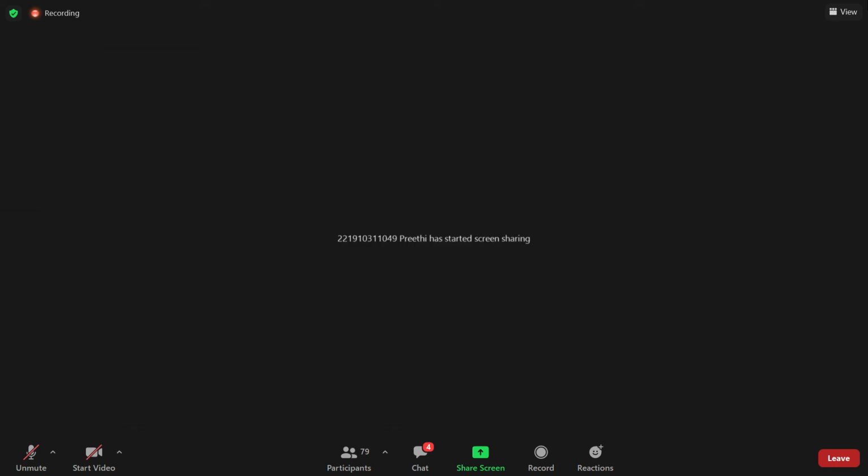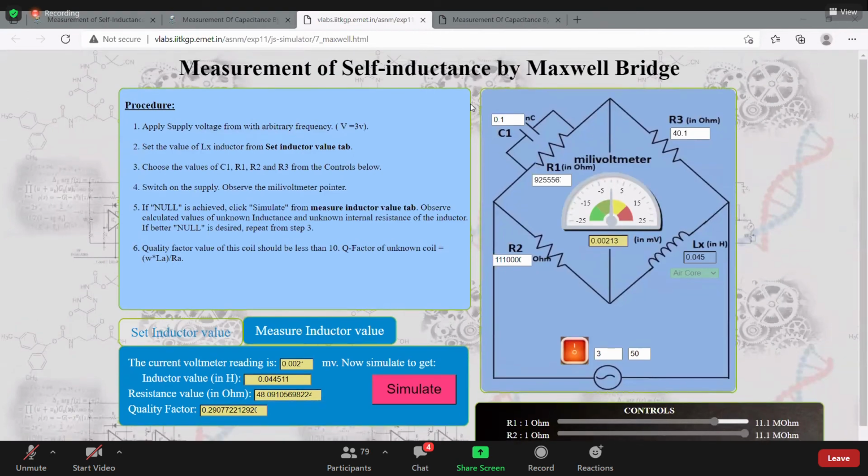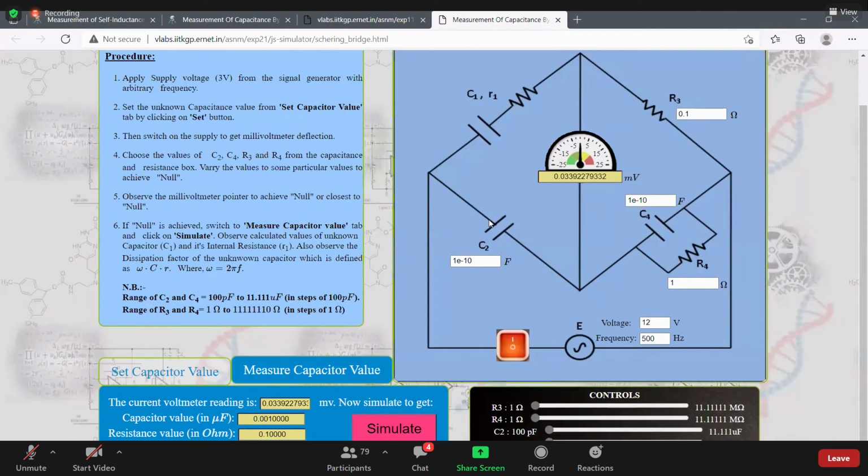Sir, only 7 experiments in this course? Total? No. After the first lab examination, another 3 experiments we will do. After completion of those 3 experiments, I will conduct the second exam.